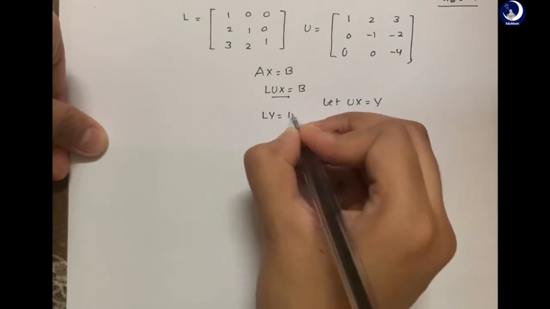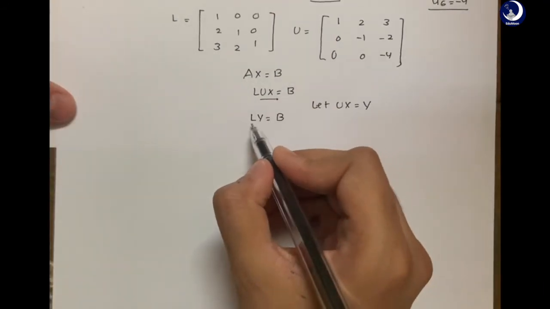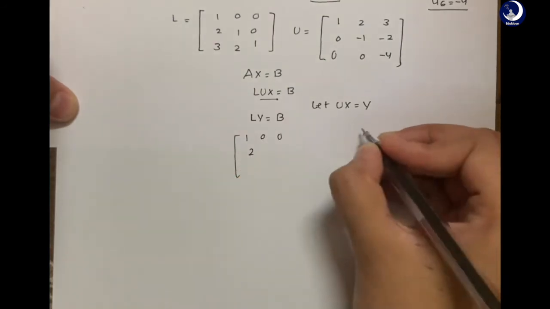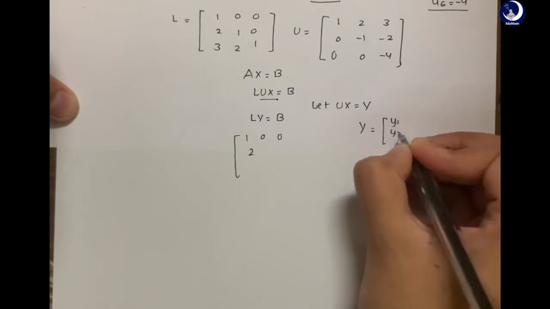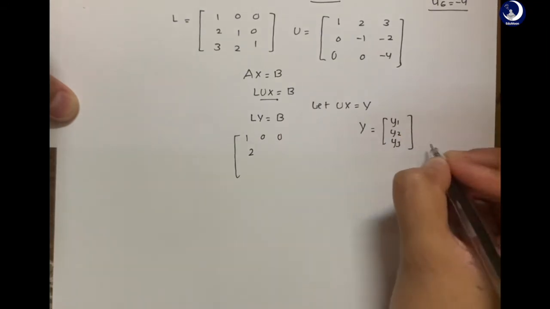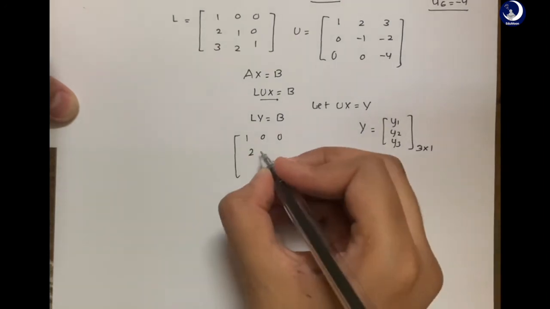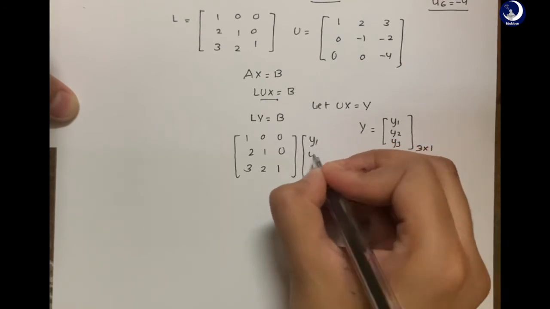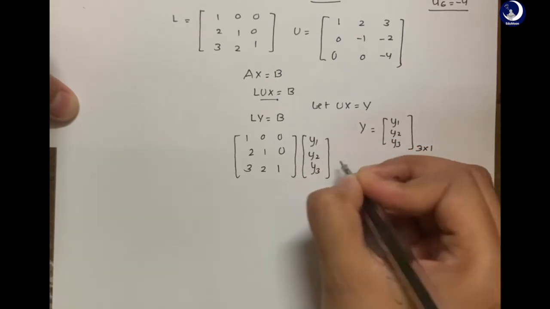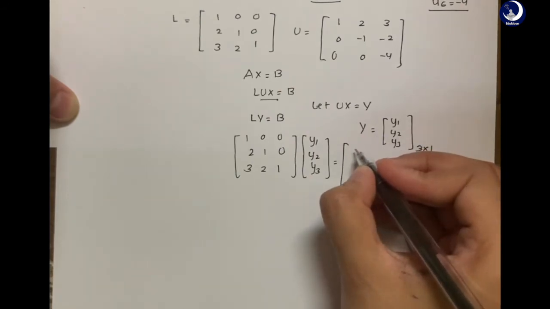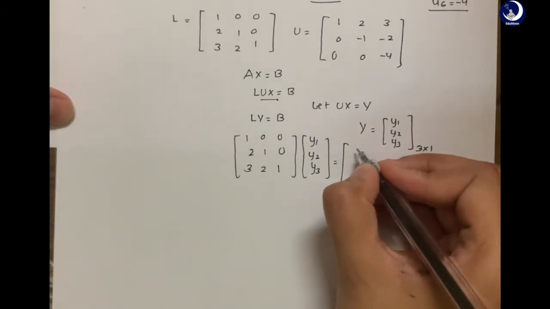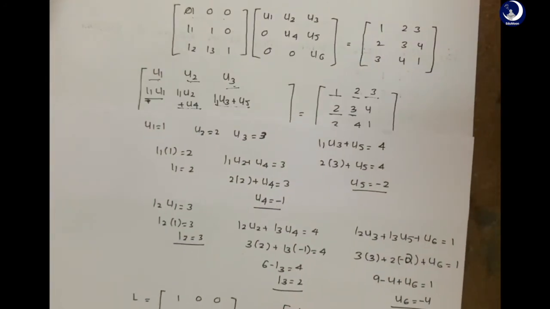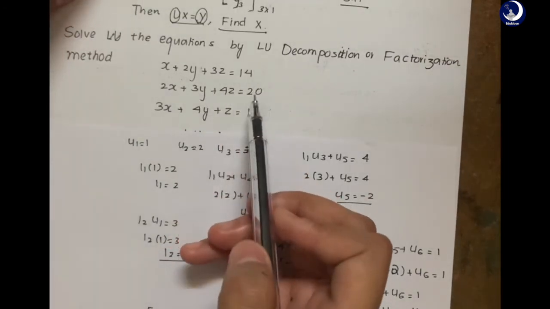So Ly equal to b. Since we know L and B values, let's find y value. Y equal to. b equal to 14, 20 and 14.